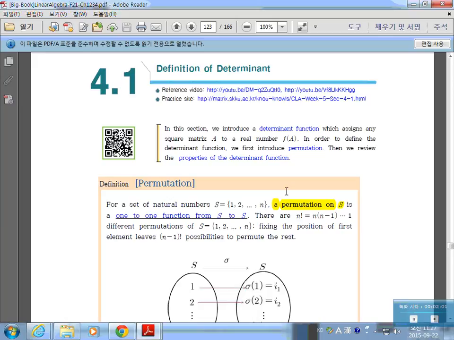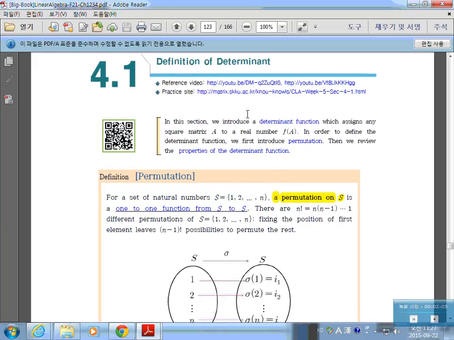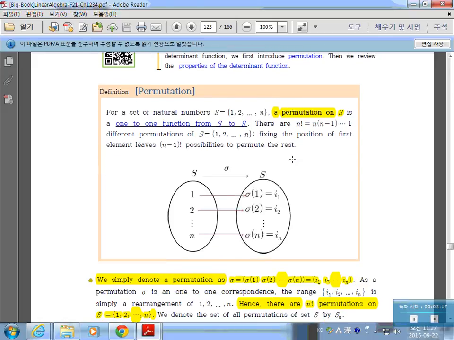Chapter 4.1 deals with the definition of the determinant. Now we introduce our determinant function, which assigns to any square matrix A a real number f of A. In order to do so, we define the concept of permutation first.